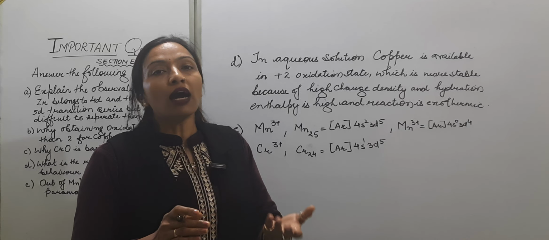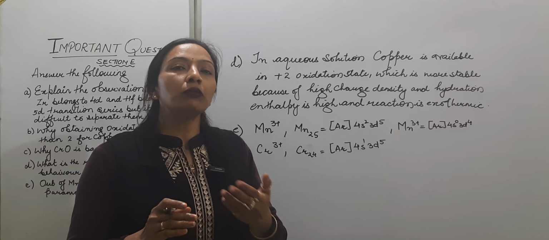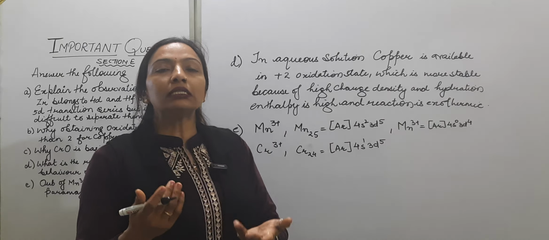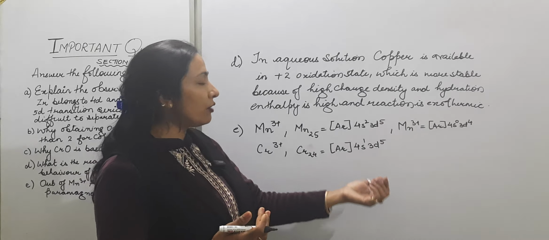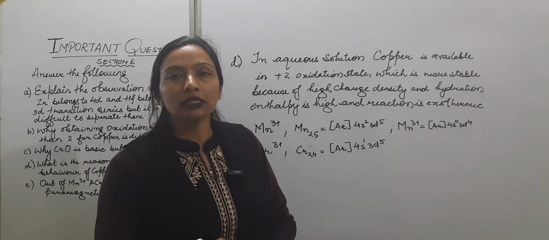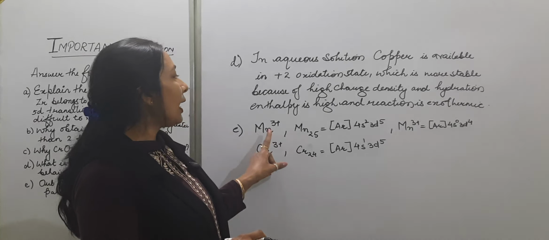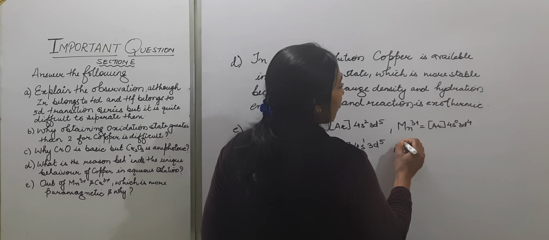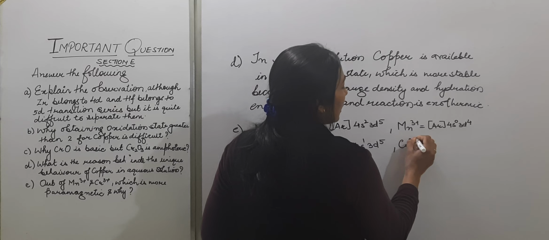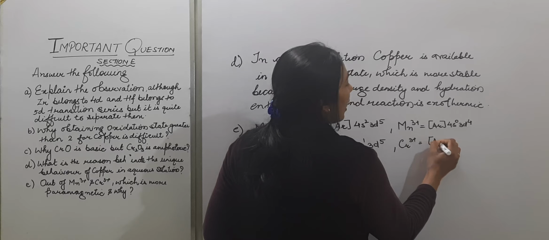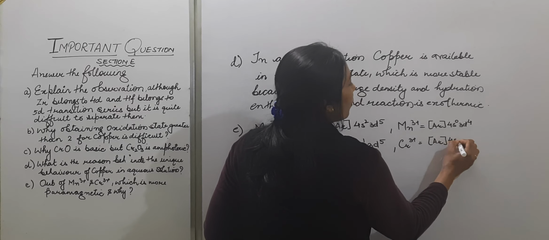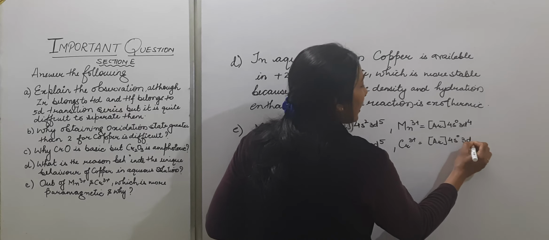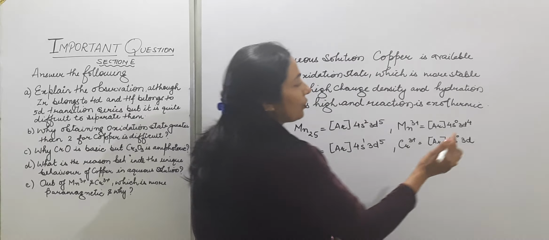But as we know, half filled, full filled and empty are more stable. So in order to get the stability, the electronic configuration is 4s1 3d5. At the third ionic stage, what would be the electronic configuration? Chromium 3 plus, आर्गन 4s में से एक निकाल देंगे 0 एंड 2 अब हम d से निकालेंगे 3.